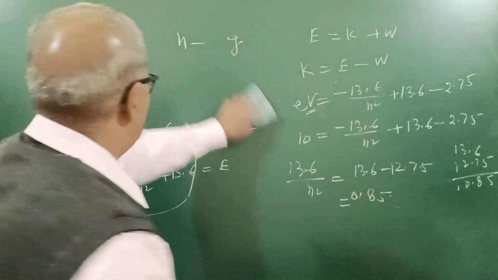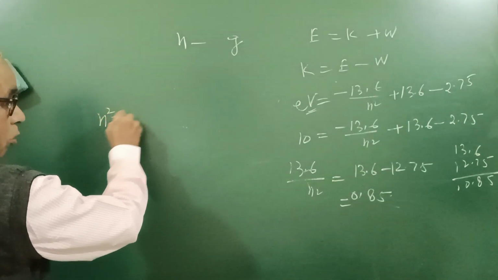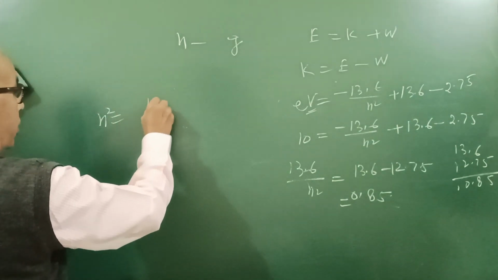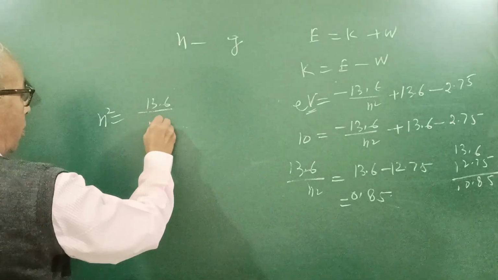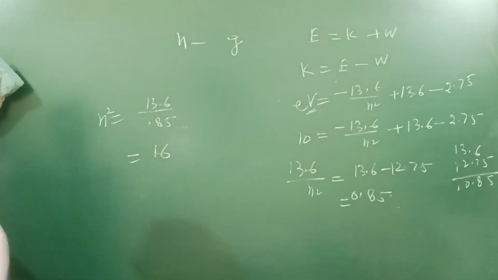So n square is equal to 13.6 upon 0.85. It comes out 16 on dividing.